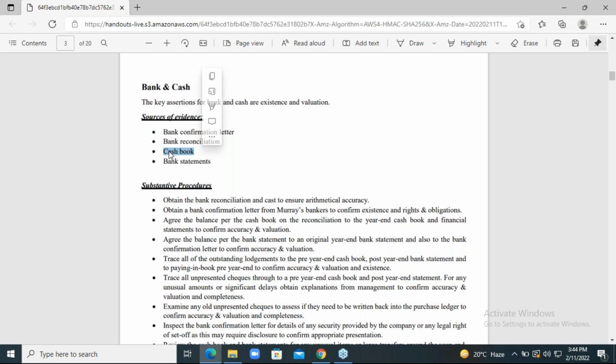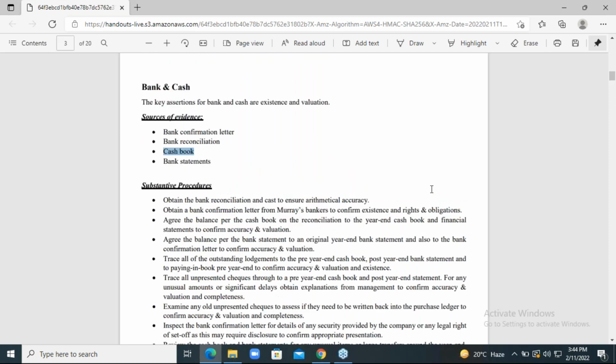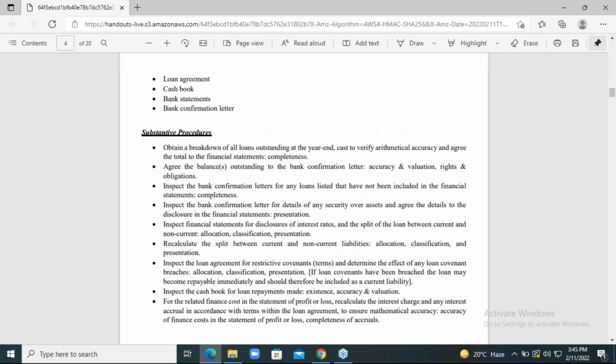Why? Because this is a third-party evidence. So if you focus on the bank reconciliation pro forma and 2 to 3 generic procedures and a procedure for petty cash, you can easily memorize the procedures required to present or disclose at your examination level. So bank and cash procedures should be memorized like that.